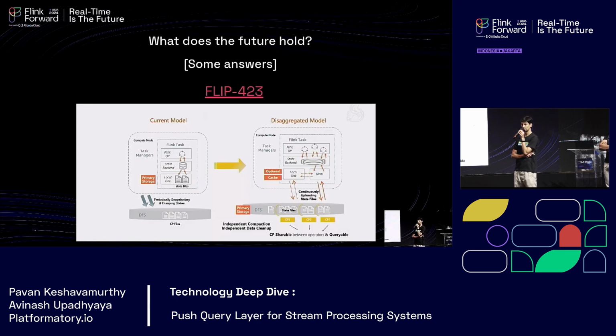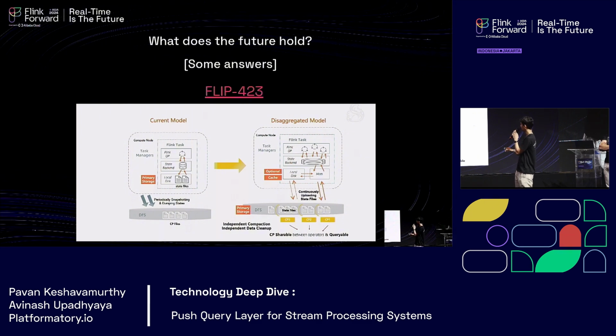Which brings us to the conclusion of this talk. There are many interesting things happening in Flink. Queryable state is probably one of them, but the larger evolution of Flink, one should read up about FLIP-423. This is an umbrella FLIP covering a lot of different concerns on how a more evolved modern Flink architecture could look like.